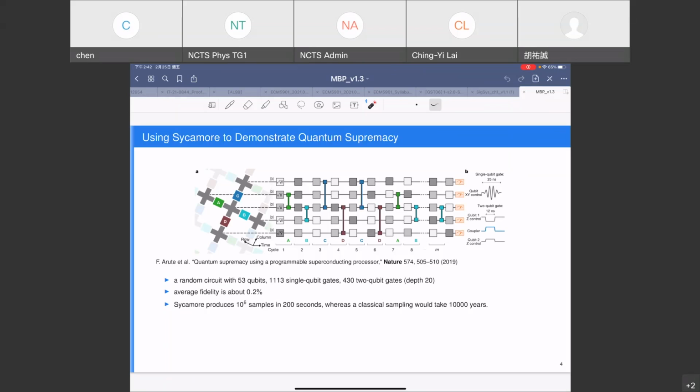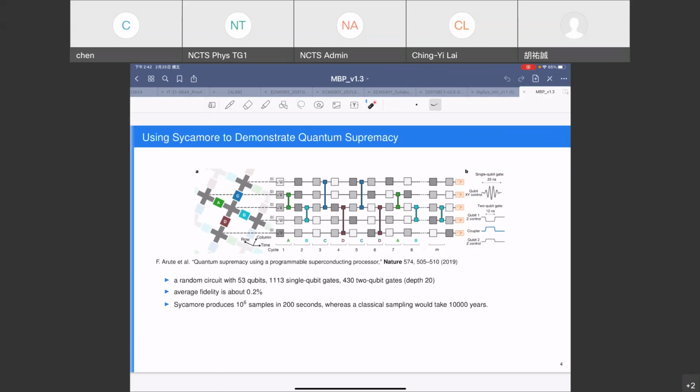So, in Google's quantum computer experiments, they have 53 qubits. This is a quantum circuit, and each line denotes a qubit.